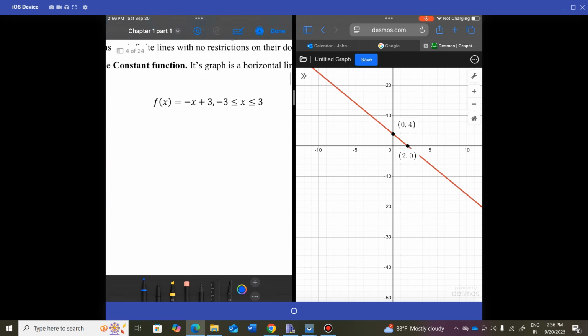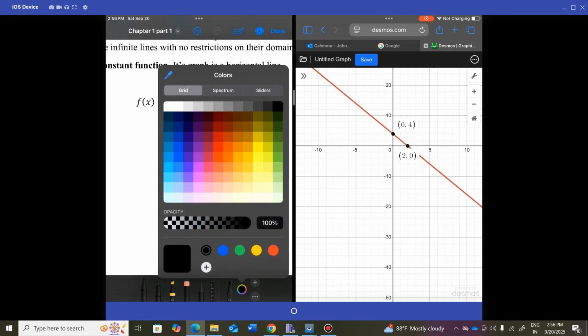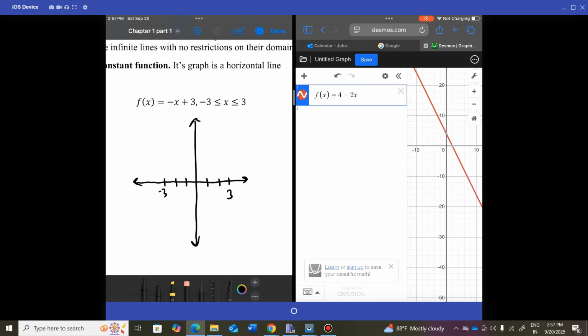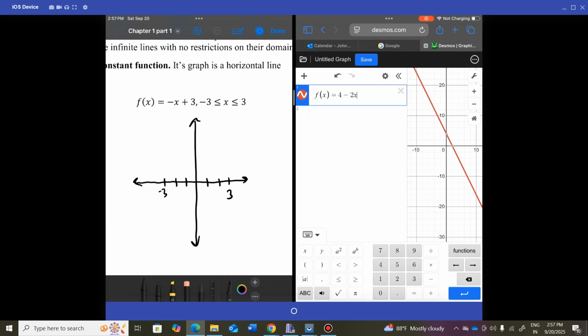We can look at another linear one. In this one we're going to restrict the domain so it's not the whole graph. We'll just do this from -3 to 3. To do this on Desmos, x plus 3, we need to put in braces.